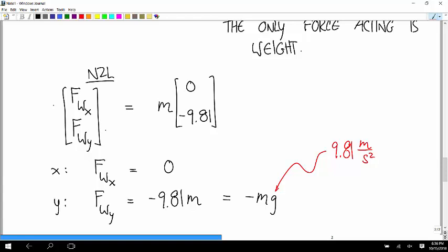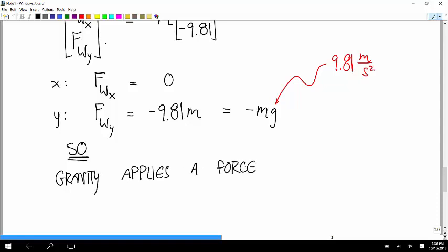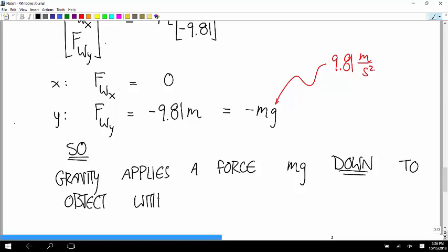Okay, so what this tells us is gravity applies a force of magnitude mg down to an object with mass m.